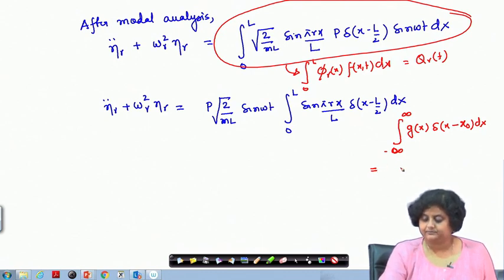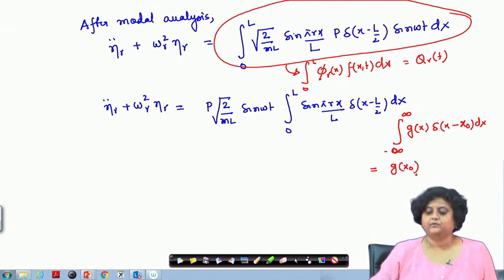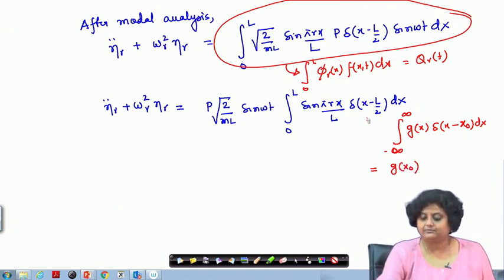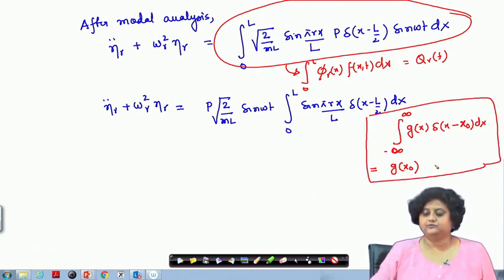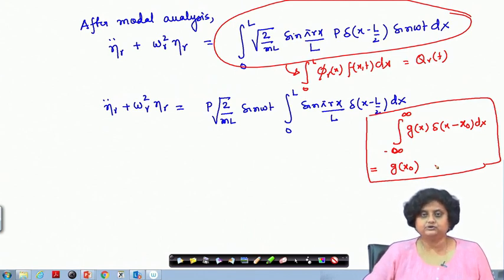We talked about this when we were dealing with impulse response. We have seen that the integration of any function over the domain of the function, with respect to the Dirac delta function, is always equal to the value of the function at the non-zero point of the Dirac delta function.